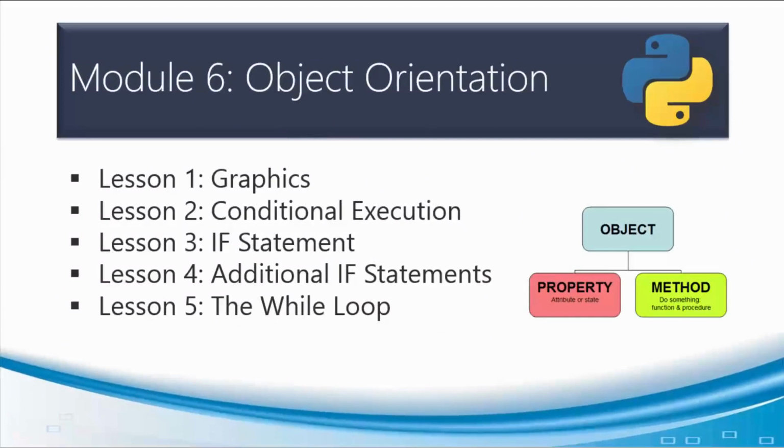Module 6 is object orientation. We'll get into more in lesson 1 about graphics. Lesson 2 is conditional execution. Lesson 3 is if statements. Again, these are more conditional logic. For instance, if it was going to rain, I need to take an umbrella, right? That's just a simple English statement that if something happens, then I will do something else.